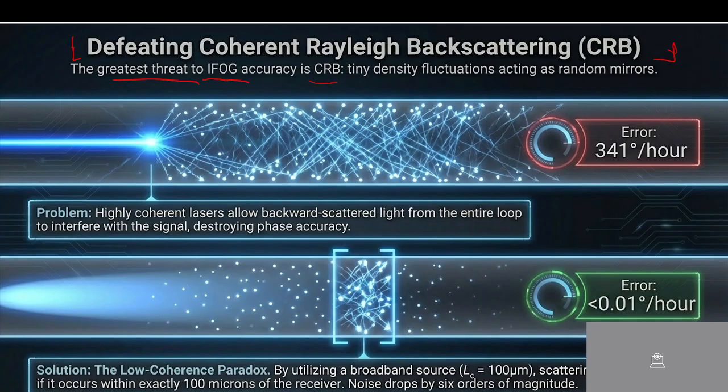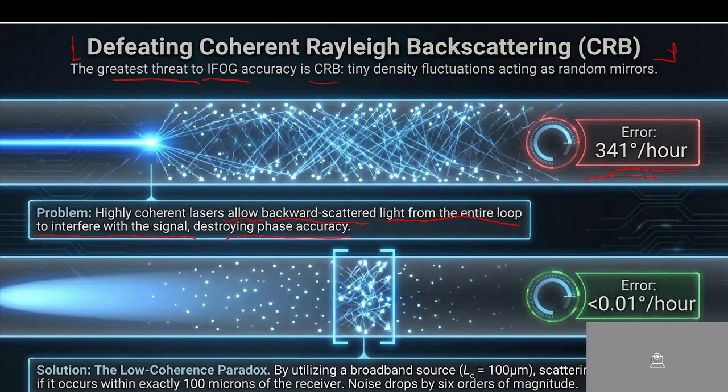You can see here how much error there is if you are using a simple SMF fiber. The problem is that a highly coherent laser allows backward scattered light from the entire loop to interfere with the signal, destroying phase accuracy.